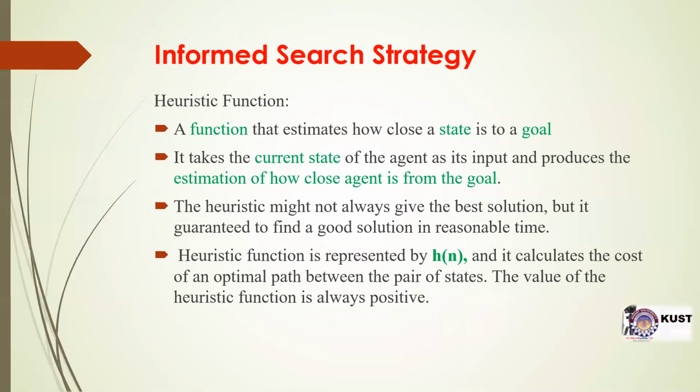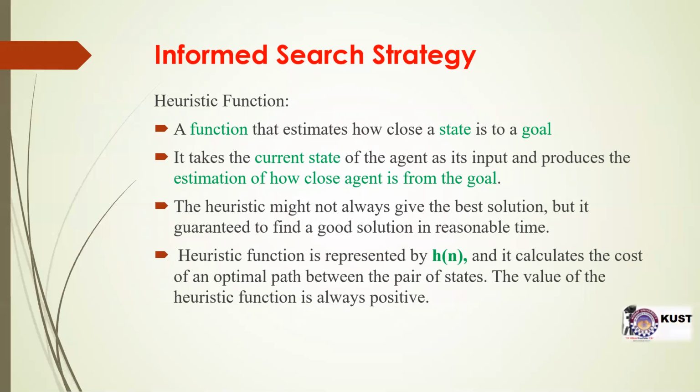The informed search algorithm is more useful for large search spaces. Informed search algorithm uses the idea of heuristic. It is therefore also known as heuristic search algorithms. Heuristic is a function which estimates how close a state is to the goal.